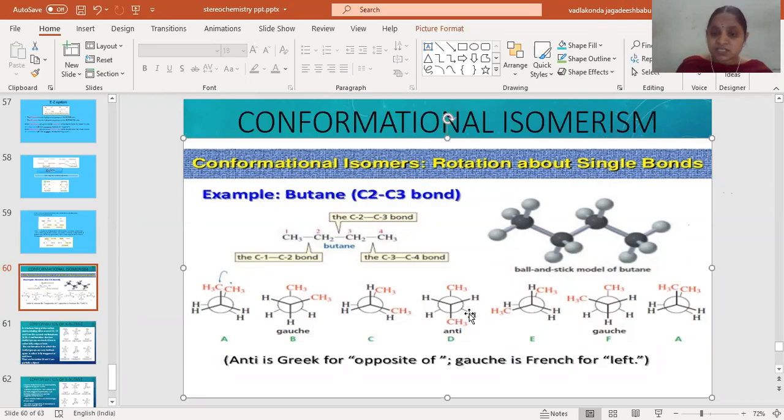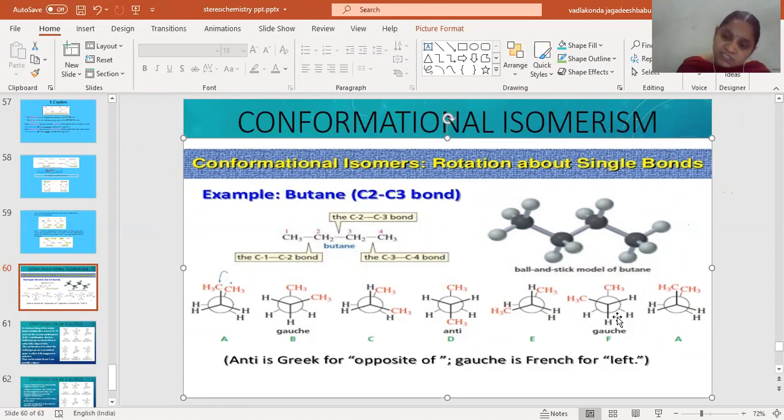Now coming to the next one, if we rotate one more 60 degrees, then we will get the E isomer, that is this one. This is also known as the eclipsed form. Again, between the groups we will have 0 degrees, and if we rotate one more 60 degrees, we will get the gauche form.